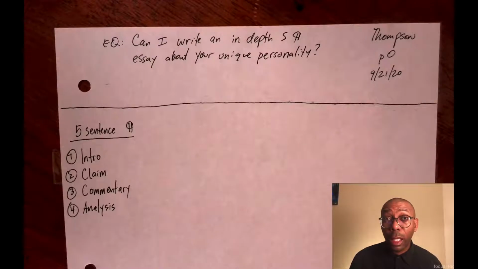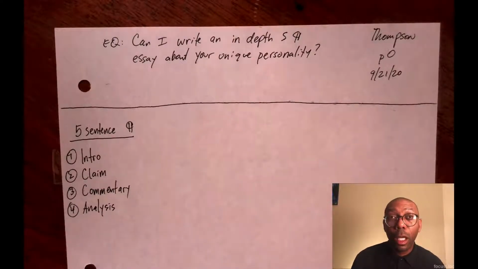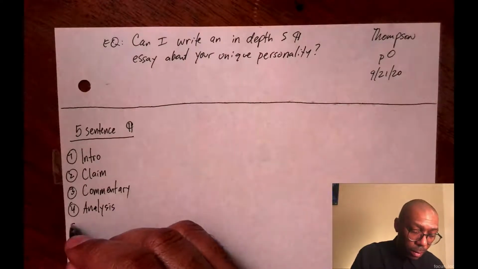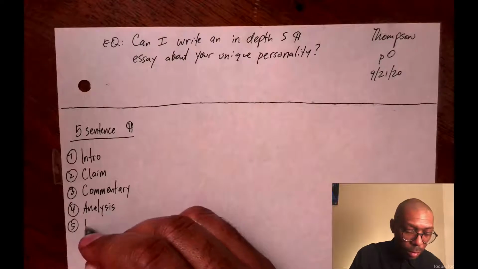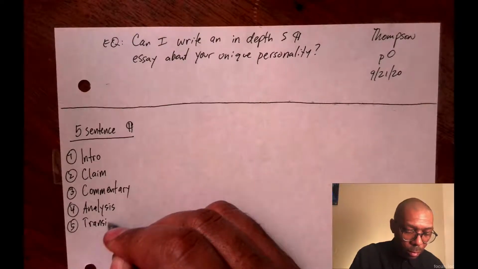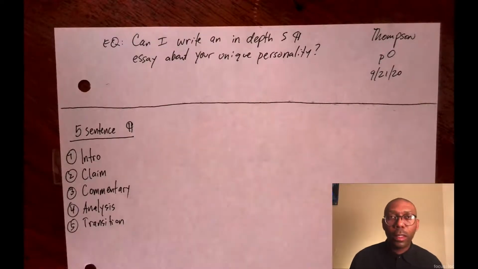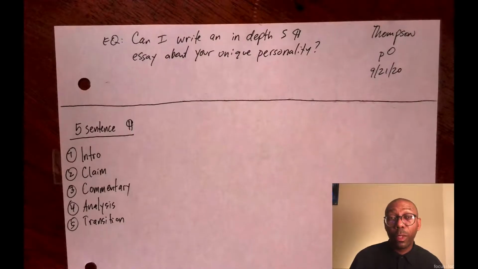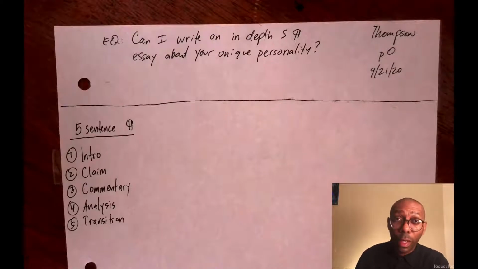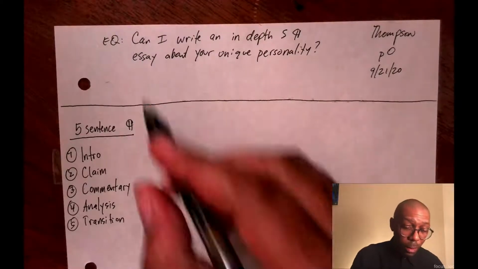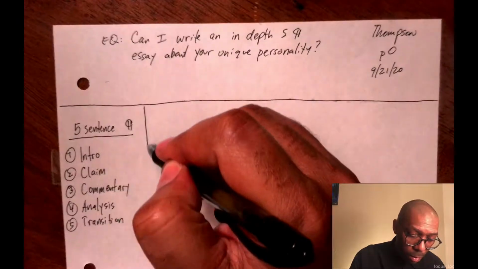So if you have some claim or some evidence, then your commentary and your analysis would be your unique perspective or reading, view, breakdown of that piece of evidence. Okay. And then your fifth is what I call transition. This sentence is specifically designed to help you move from your previous point toward your next point, which would be the following paragraph.